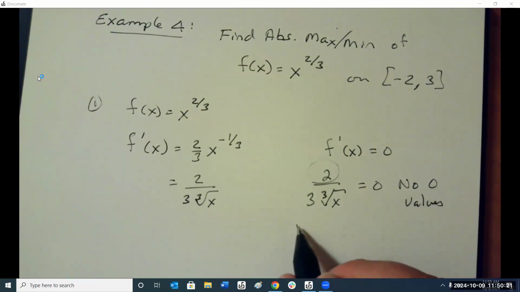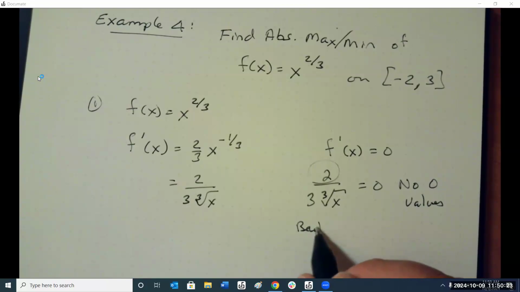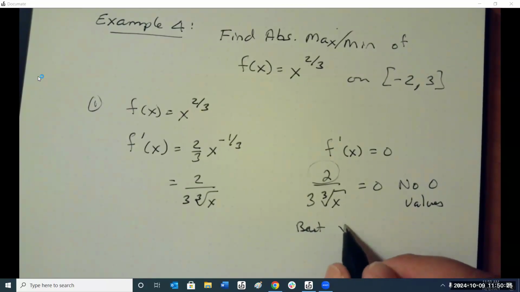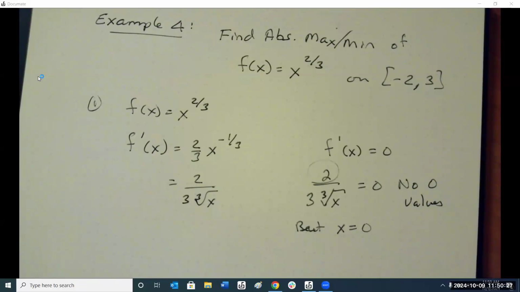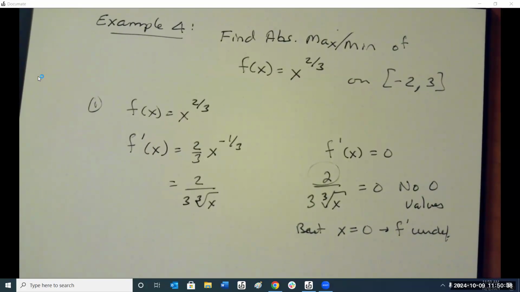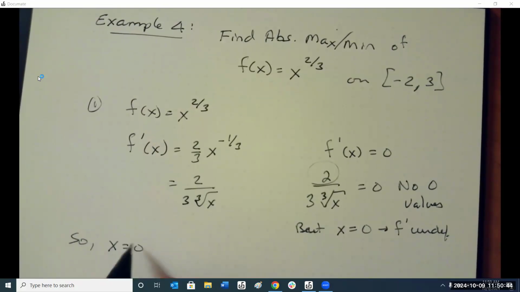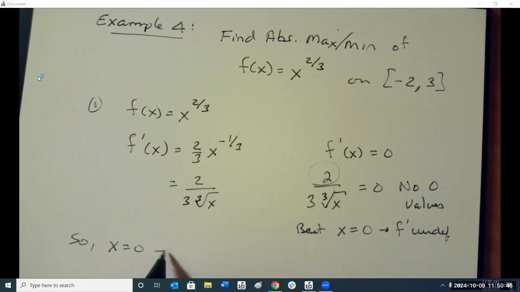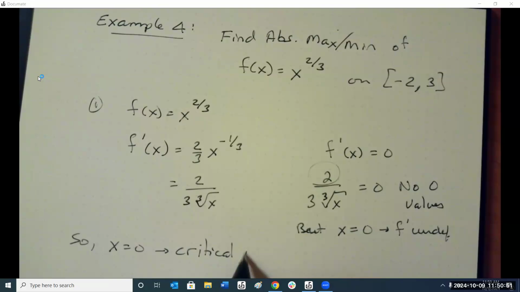But x cannot equal 0. It makes f prime undefined. So x equals 0 is our critical point.